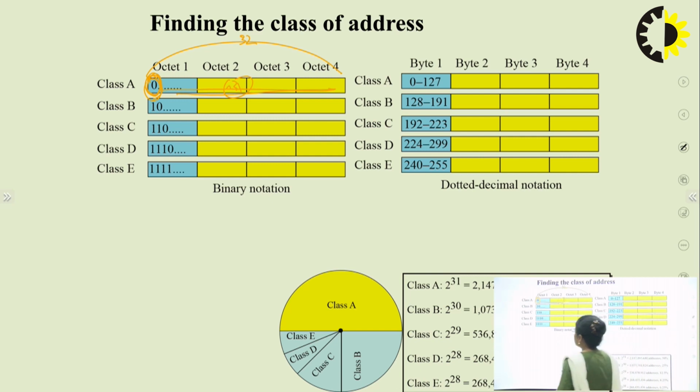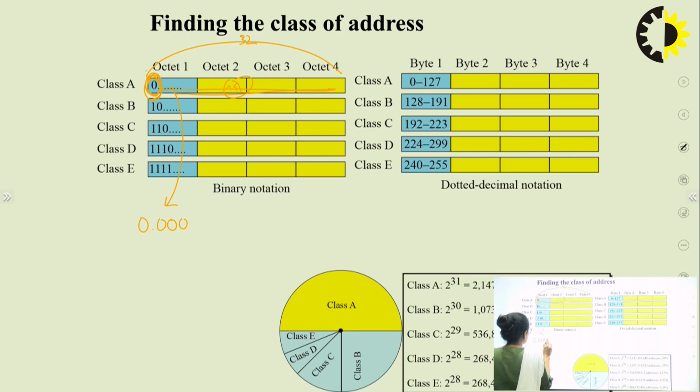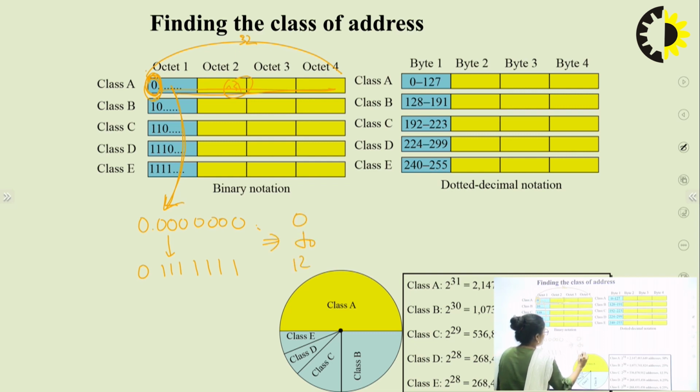So if the first bit is frozen as 0, in the first octet, the values will range from 00000000 to 01111111, which is the same as 0 to 127.